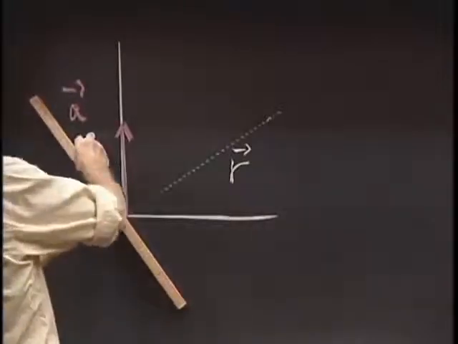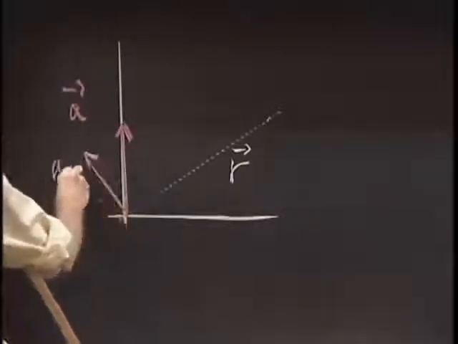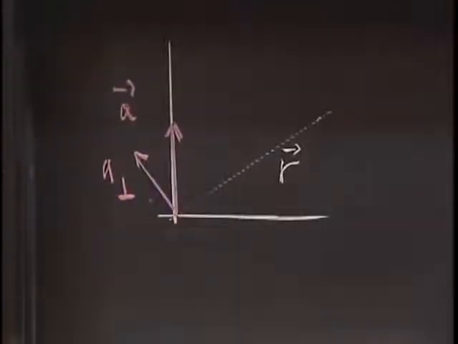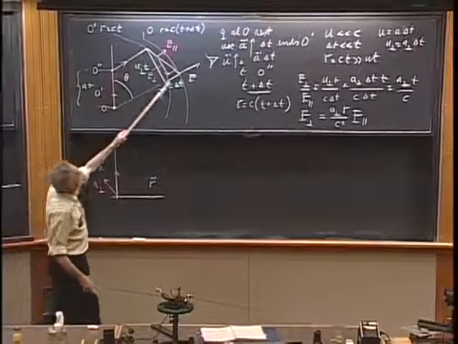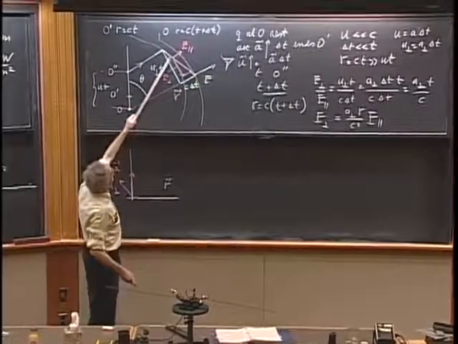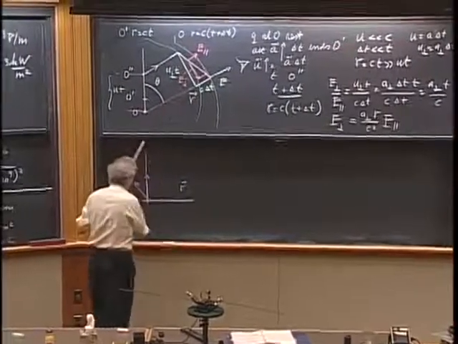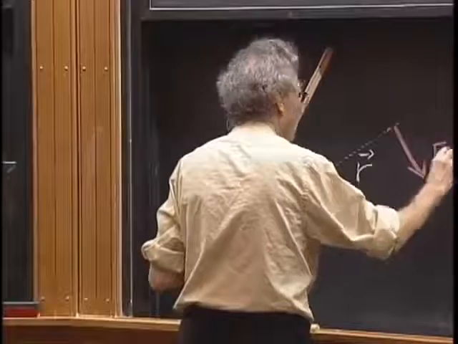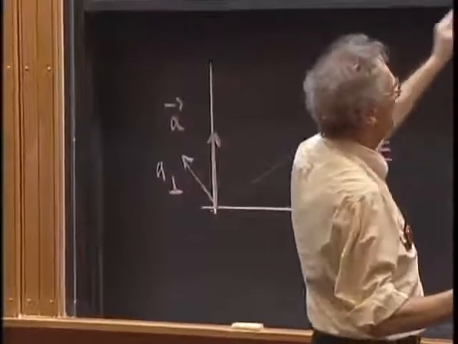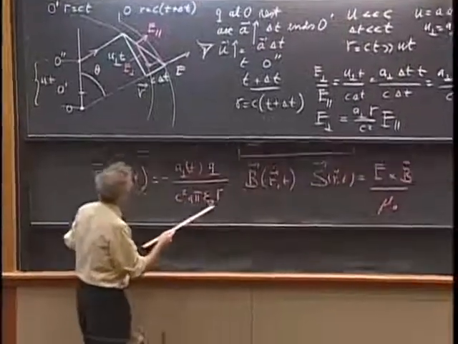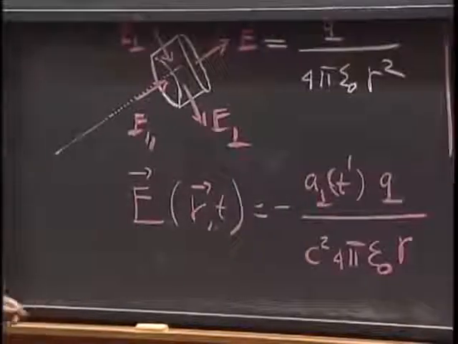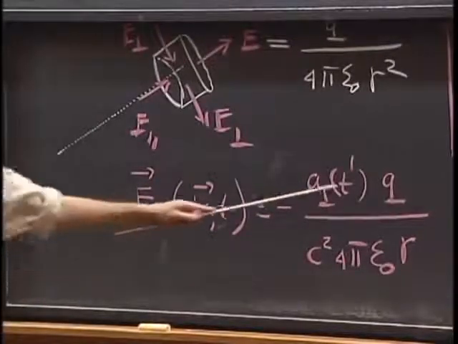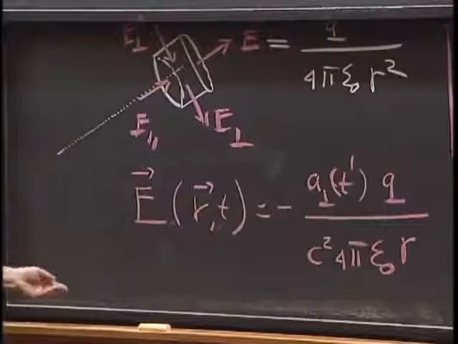Then this would be A perpendicular. And if the charge is positive, which I have chosen here because look, the field lines go away, then the E vector perpendicular is in this direction, like so. And that is the reason for that minus sign. Namely, if Q is positive, then E is in the opposite direction of A perpendicular. If Q is negative, then it is in the same direction.